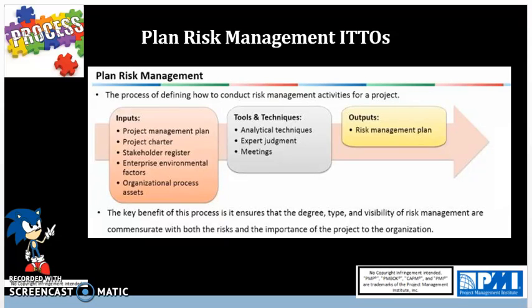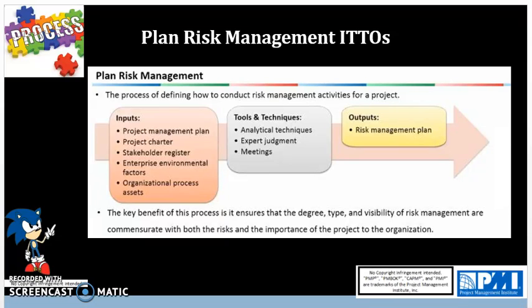Also, all of these have three tools in common: expert judgment, meetings, and analytical techniques, except for scope management, where you cannot analyze the scope, therefore you cannot have analytical techniques as a tool. So next, as part of the OPAs, we also have risk categories, common definitions and concept and terms, risk statement formats. So basically all these are policies and procedures for us to do risk management planning.